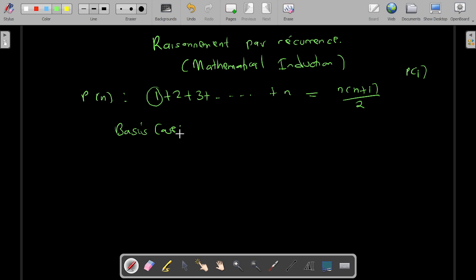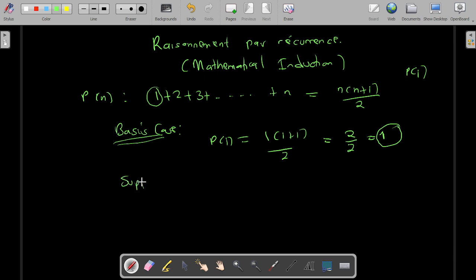So to verify my basis case, P of 1 is going to be equal to 1 times (1 plus 1) divided by 2. Clearly, this is 2 divided by 2, which is a 1. So we get a 1, which is equal to the first term of this summation. This verifies the basis case, and so we can proceed to the induction hypothesis.